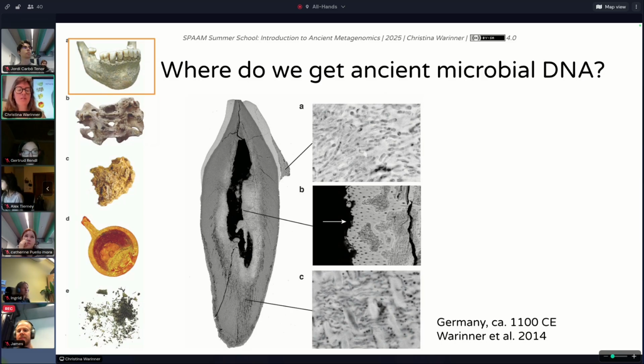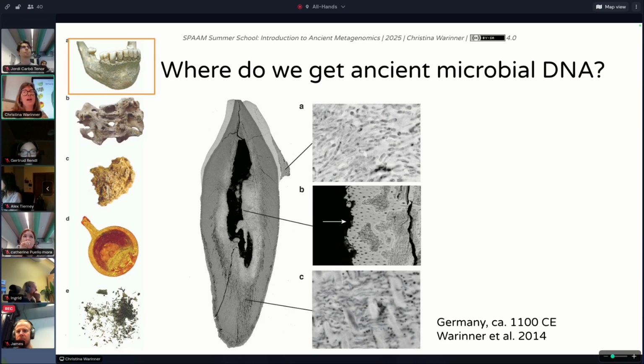The other big source of ancient microbial DNA within teeth comes from the dental pulp chamber. Now, the dental pulp chamber in an archaeological context is hollow, and that's why it shows up as black on a scanning electron micrograph. But actually, during life, it is full of blood and tissue. This is where the dental pulp is, and it's connected by the root canal to your circulatory system. So anything that's circulating in your blood at the time a person dies will also be found within the dental pulp chamber.